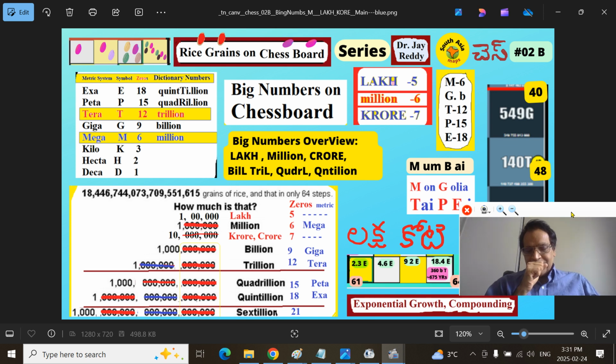Before that, you have to understand the very big numbers. What is meant by kilo, mega, giga, tera, peta, exa? These are the standard metric systems, but the standard dictionary words are million, billion, trillion, quadrillion, quintillion. In Bharat, India, there are also two more numbers, lakhs and crores.